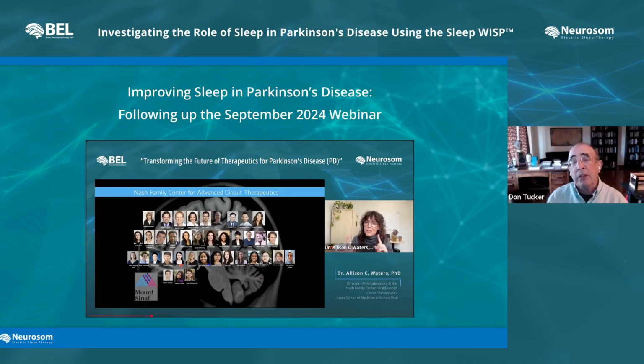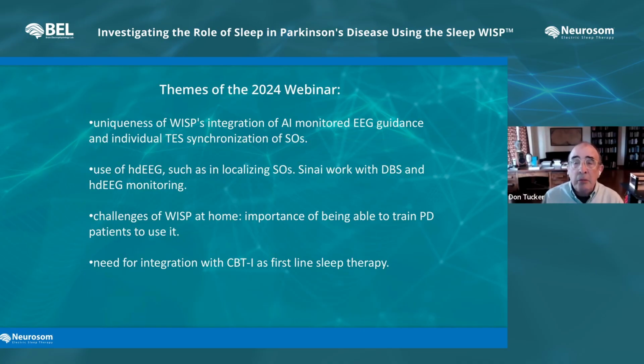The essential point is that we can now improve deep sleep by synchronizing the slow oscillations that are the hallmark of deep sleep by applying external electric currents. That's the key idea. It's transcranial electrical stimulation of slow oscillations to enhance deep sleep. And we think this is a therapeutic approach that can be important for various sleep disorders, including in Parkinson's disease.